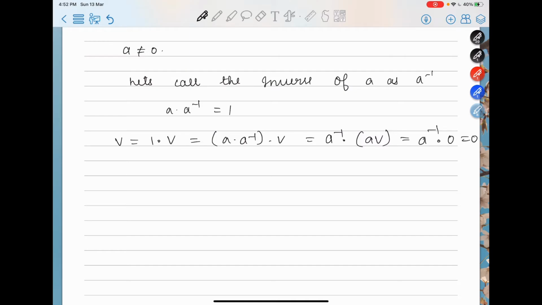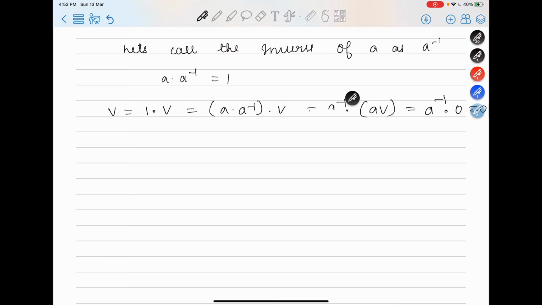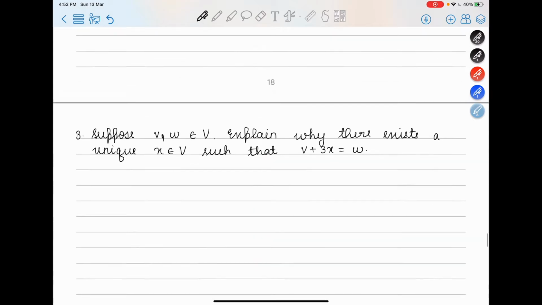So we have proved that even if a is not 0, v is 0. So the OR condition is satisfied. Here I have used the associative property. Moving on to the next question.